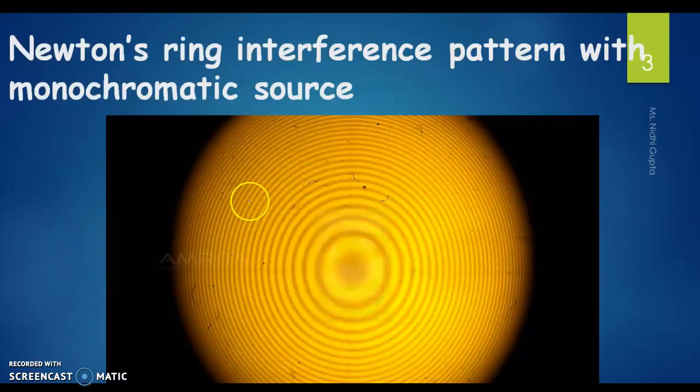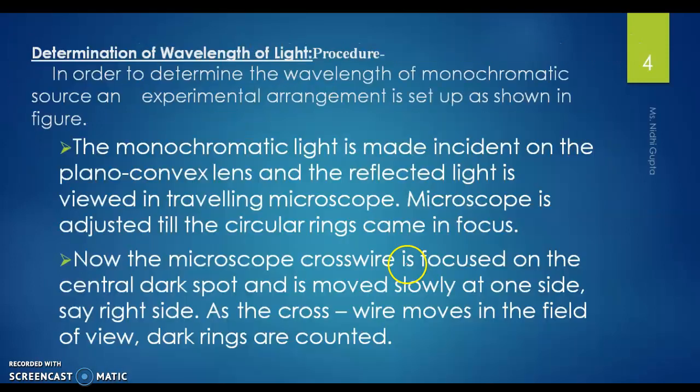Then the monochromatic light is made incident on the plano-convex lens, and the reflected light is viewed through the travelling microscope. The microscope is adjusted till the circular rings come in focus.